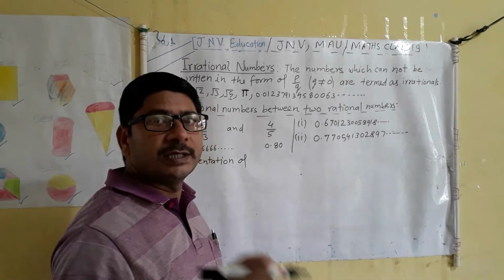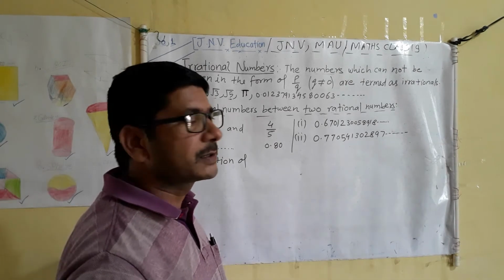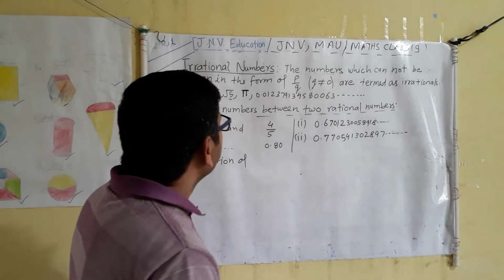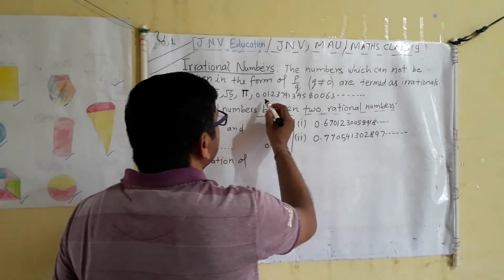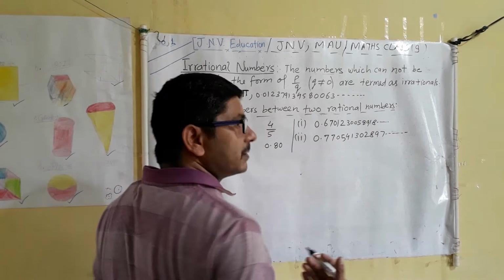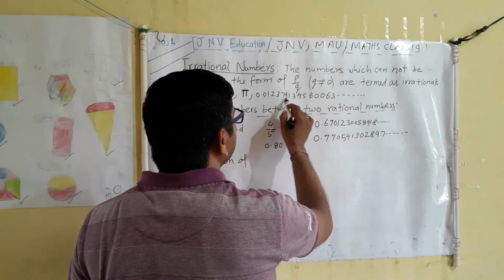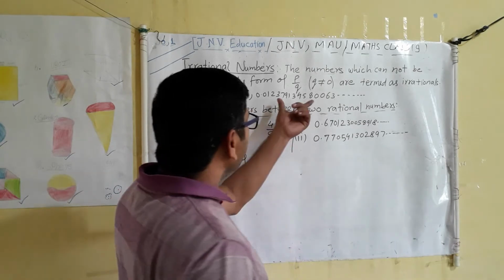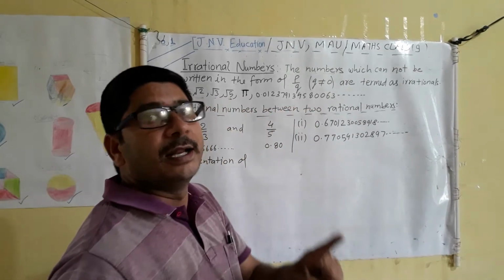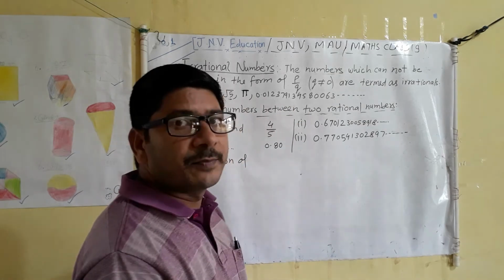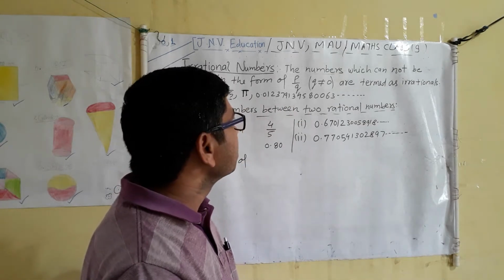Also non-terminating, non-repeating decimals that we discussed yesterday, like 0.0123 something, which are not terminating and non-recurring. So these are some examples of irrational numbers.